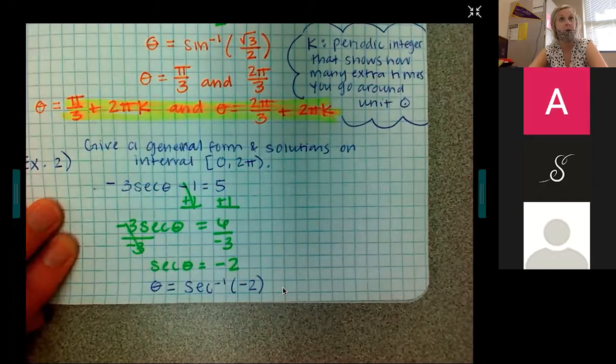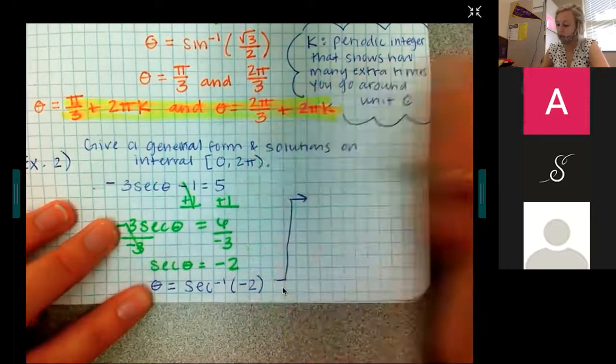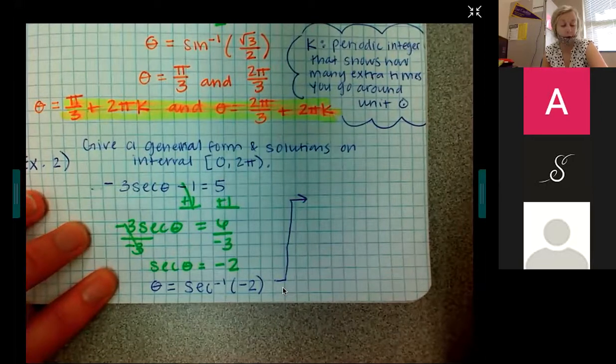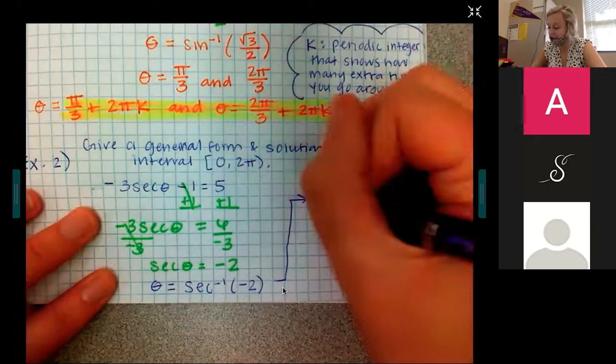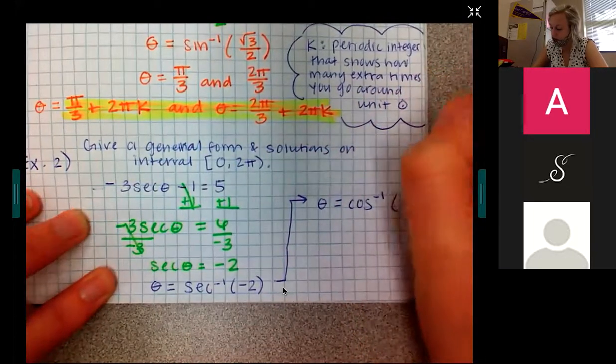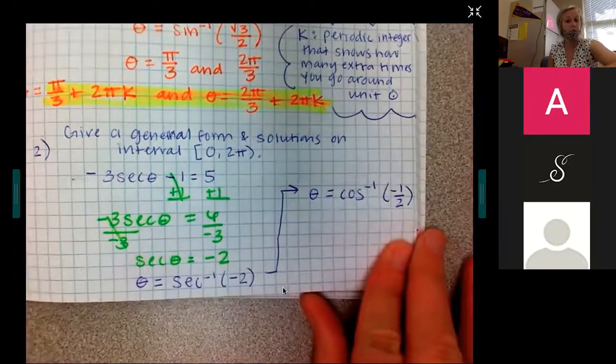So this does kind of relate to what we did at the beginning of the unit though. We don't know a trick for secant, but what do we know about secant? Reciprocal of cosine. So does everybody agree we can really just find the cosine inverse of -1/2? I flipped -2.